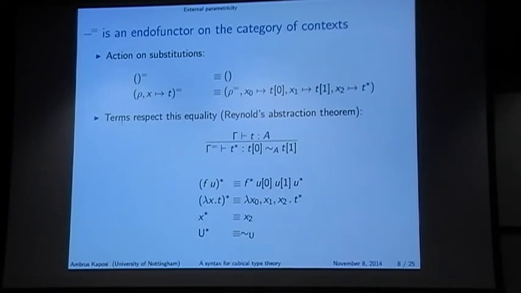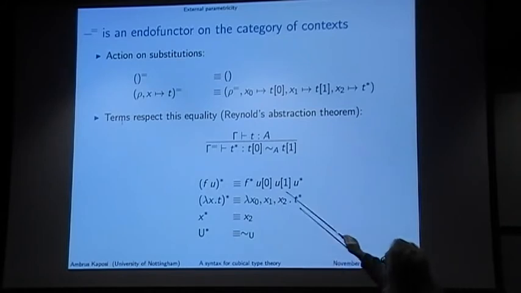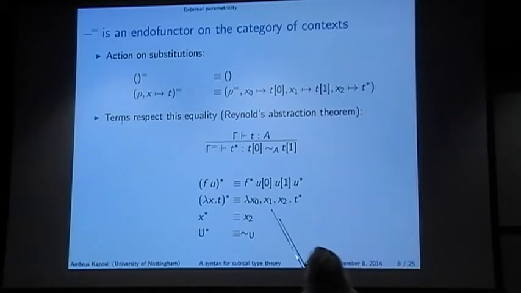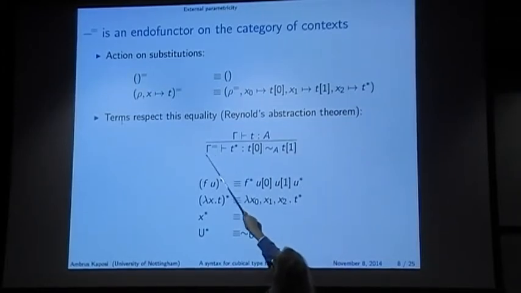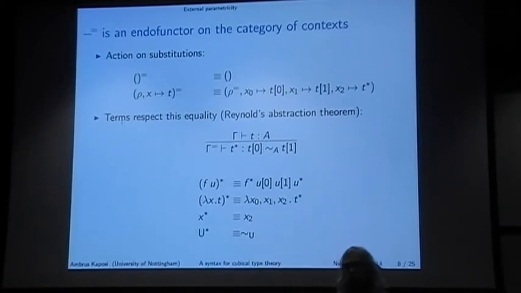So there is an action. There are two things. There is an action on substitutions, but maybe let's look first at this operation, which says that every term preserves equality. So if I have a term of type A, then I have the substitution 0 and 1, which means I can lift t into gamma equal. So t0 only depends on the first part of the context, and t1 only depends on the second part of the context.